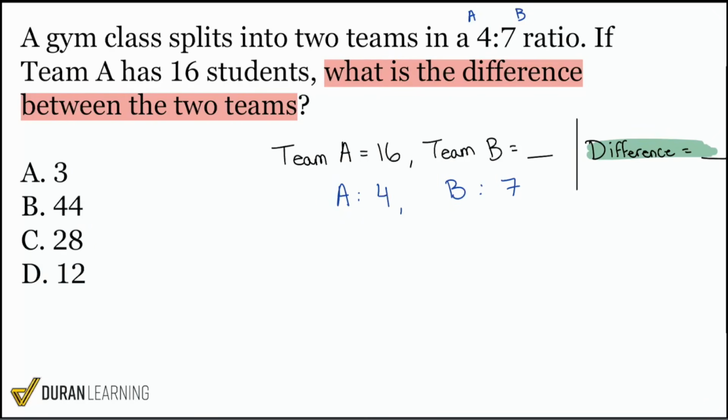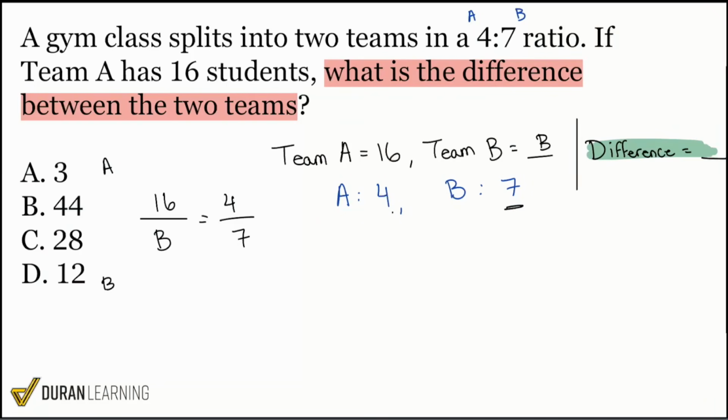Now, let me show you when I try to set this up. If you were to get that missing value, let me show you here. Let me compare A to B. So we have 16 over B, and I'll write down team B's letter right there, equals, same comparison, A to B, 4 and 7.